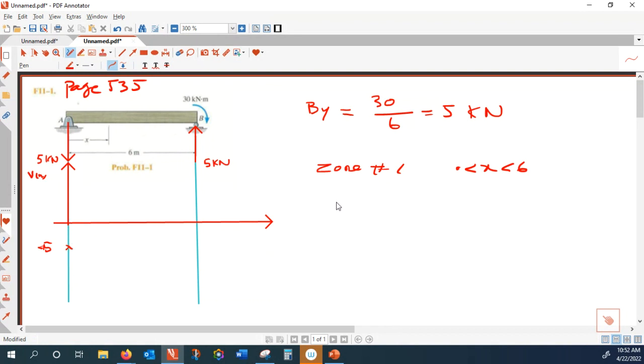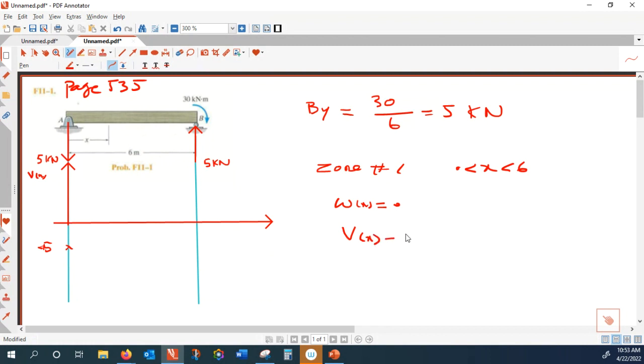And what is W of x here? Between 0 to 6, how does the distributed load change? 0, right? Because this is 0, let me just write the equation for you. This is the key equation. You have to memorize it.